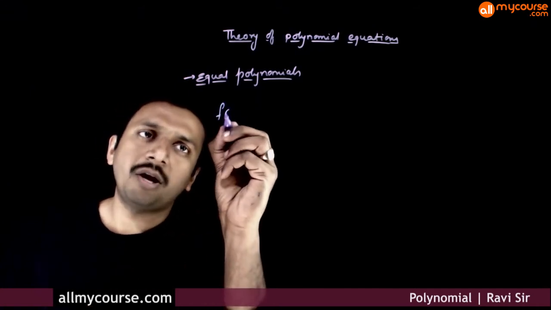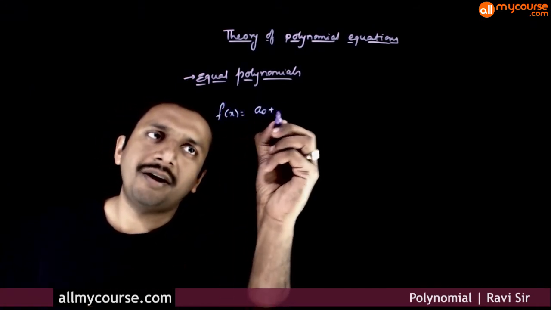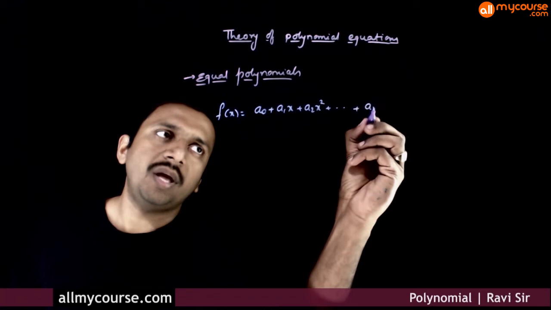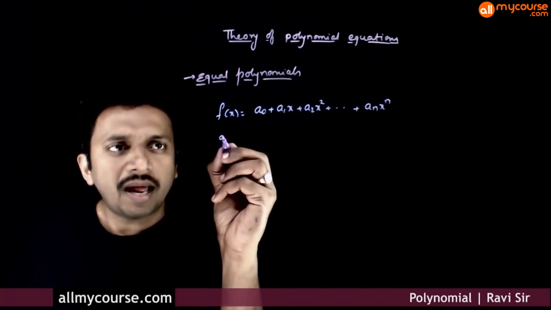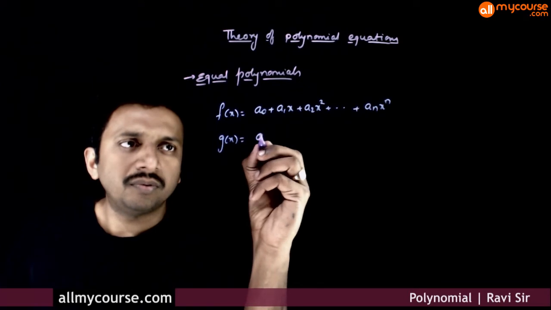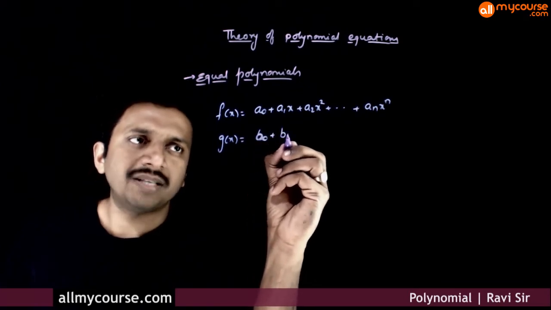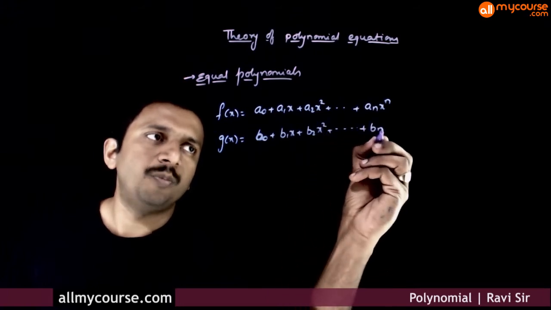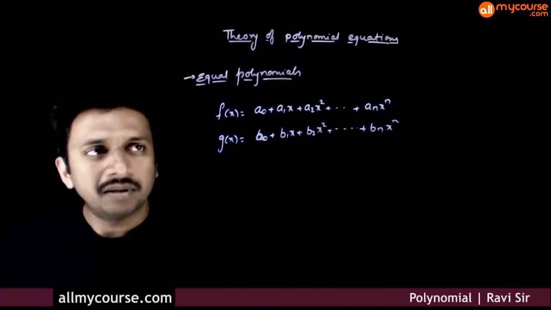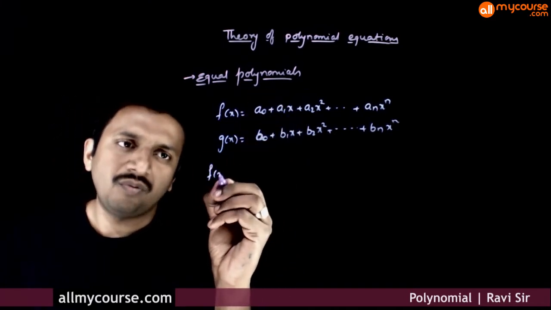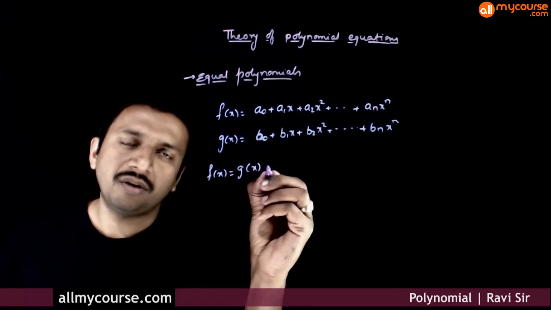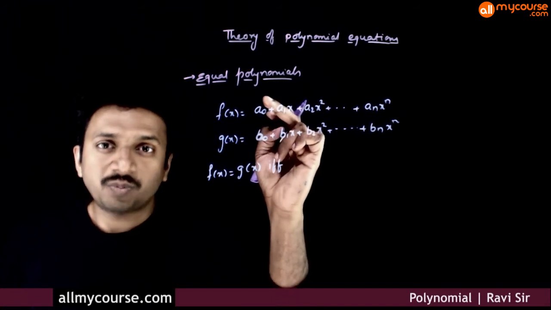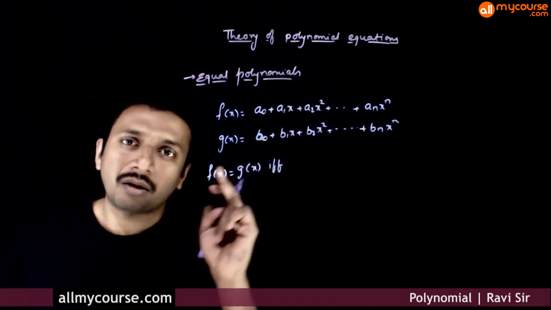If you have a polynomial f of x equal to a0 plus a1x plus a2x square plus so on up to an x to the power n, and g of x equal to b0 plus b1x plus b2x square plus so on up to bn x power n, these two polynomials will be equal, f of x equal to g of x, if and only if the coefficients corresponding to the like powers of x are all equal.